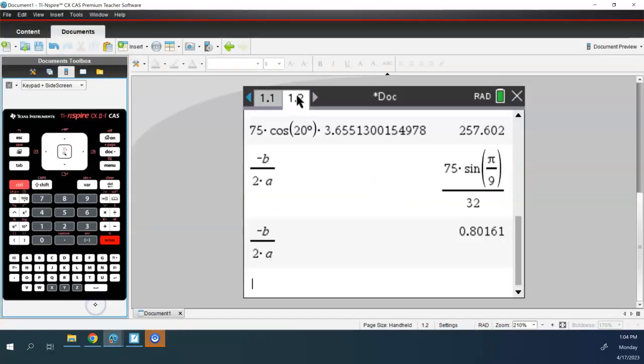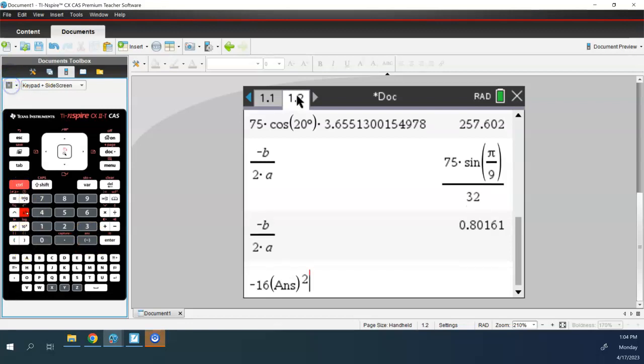So I can say here, negative 16 times my answer, squared, plus, well, that 75 sine of 20 I had saved on my calculator as b.